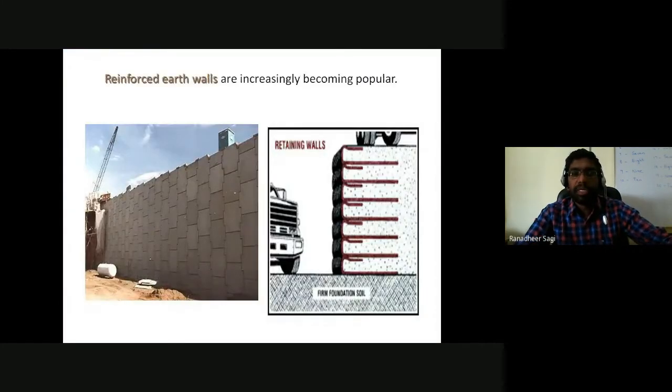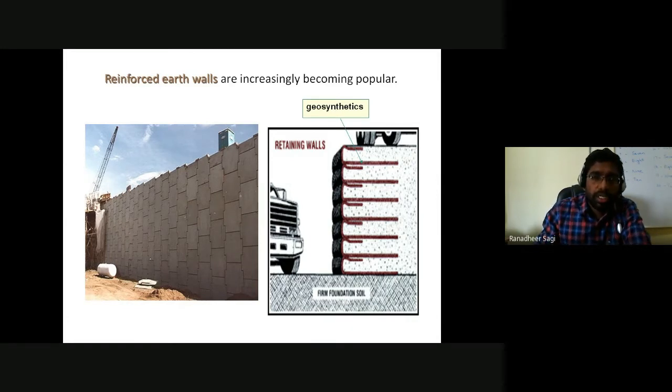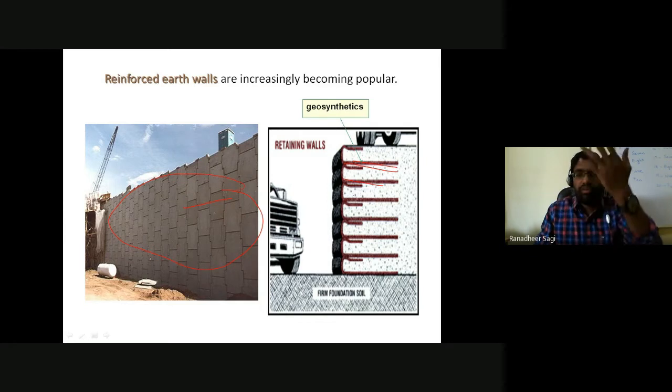Yeah, this is how it typically looks: the reinforced earth wall. Okay, so these are the panels I was mentioning. These panels are systematically arranged one over the other, both in the vertical as well as in the lateral direction, and on the other side of the panels you have your reinforcing bars, which are extended into the soil strata or into the soil you are going to place and subsequently compact.